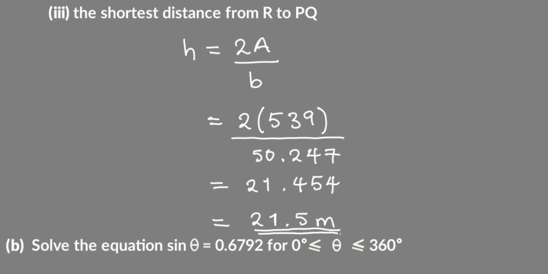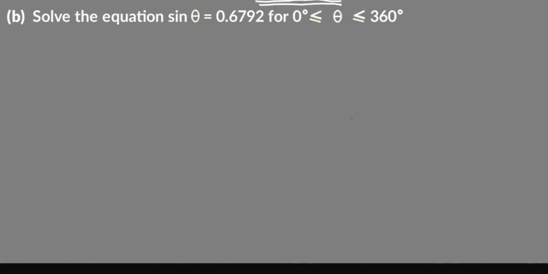Next, we are asked to solve the equation sin theta is equal to 0.6792 for theta, which is between 0 degrees and 360. Whenever we have sine, we know we're going to have 2 values usually, because sine is positive both in the first quadrant and in the second quadrant.